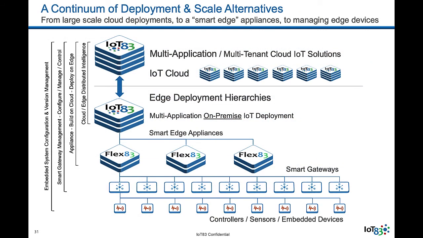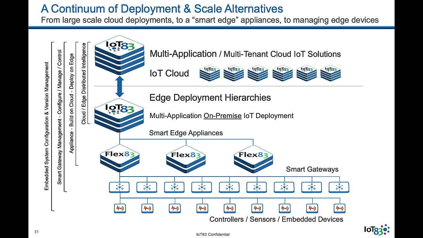Another dimension of the continuum of services and capabilities that we provide is illustrated with this hierarchical view of IoT deployments. On the top, we have multiple application, multi-tenant, multi-cloud IoT solutions for extensive IoT processing. Below that, a smaller instance of IoT 83 could be deployed on-premise, for example, or this could be in your own private cloud.